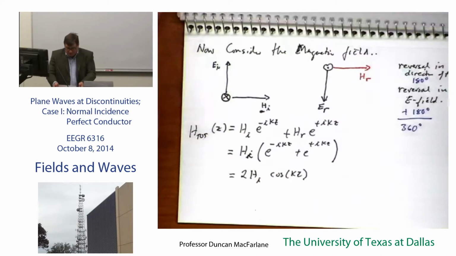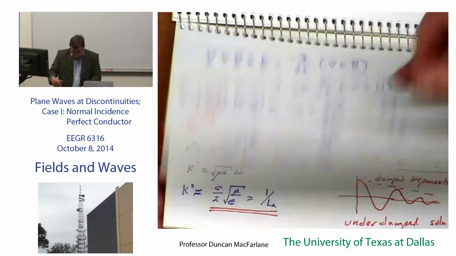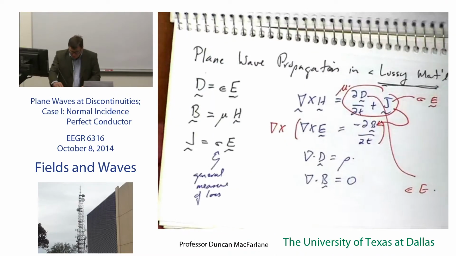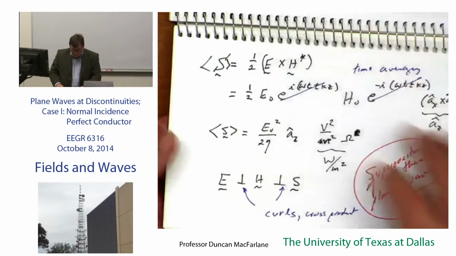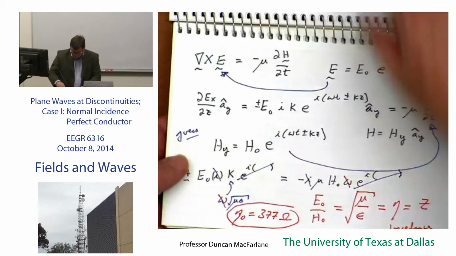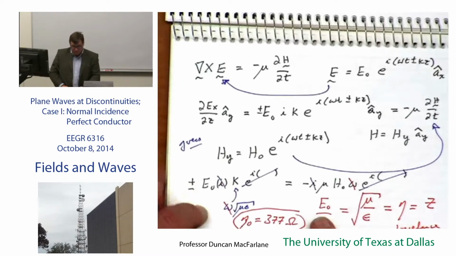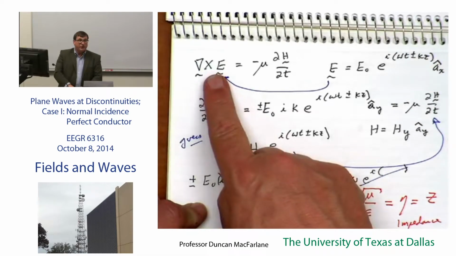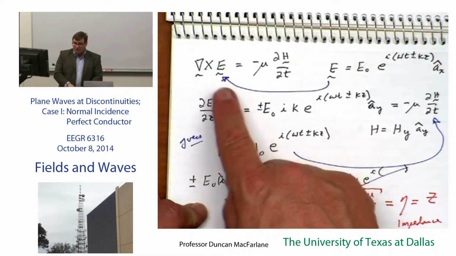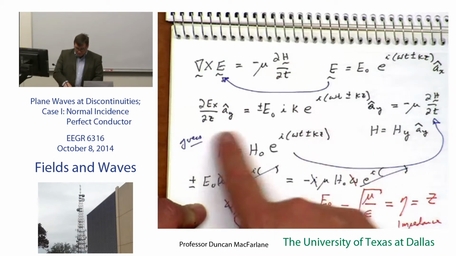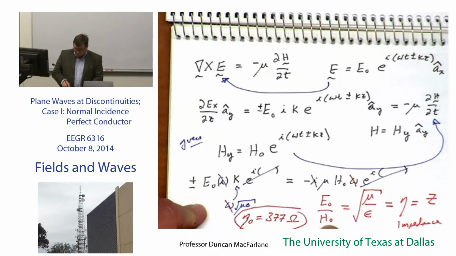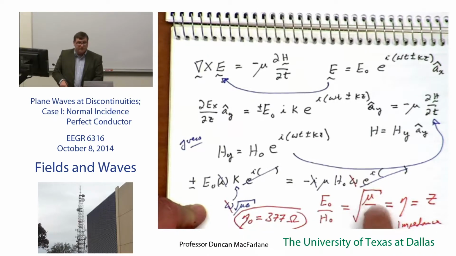Now, there was a relationship that we derived between the E and the H. Remember, we solved for the plane wave, and we substituted in for the H field, and we found a relationship between E naught and H naught in terms of mu and epsilon, which we defined as the impedance.